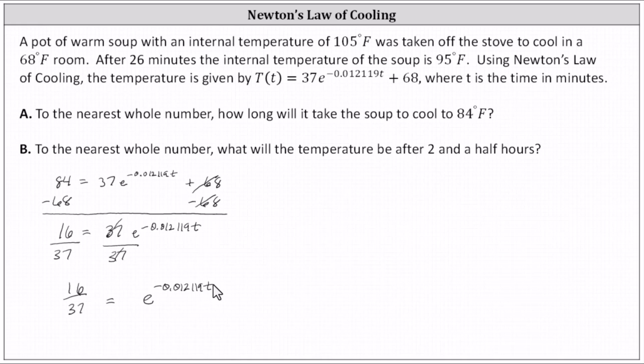Next step is to take the natural log of both sides of the equation. Now we apply the power property of logs on the right side of the equation, which indicates natural log of e^(-0.012119t) equals -0.012119t times natural log e.